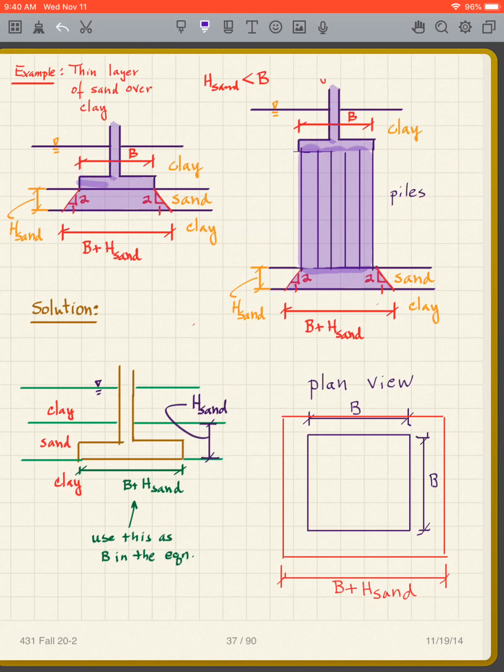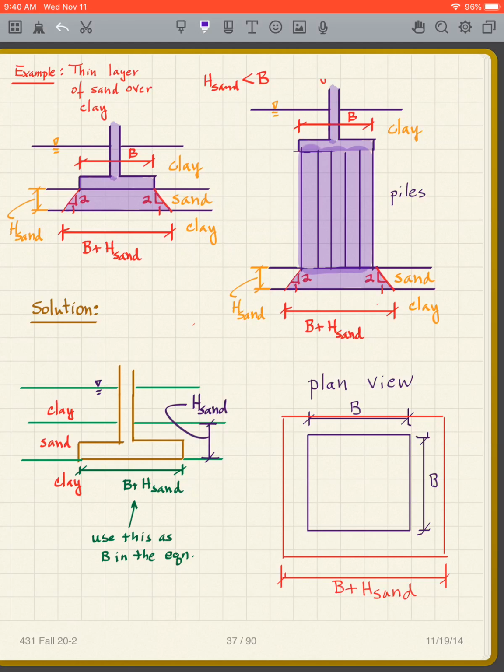So we can put the footing at the top of the sand layer, for instance, and we avoid that clay, and then we're worried about settlement caused by this particular clay. And if we put it on the sand layer, the sand layer sort of acts as a base for our footing.